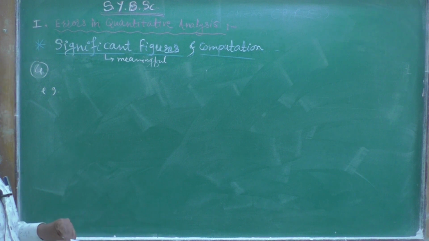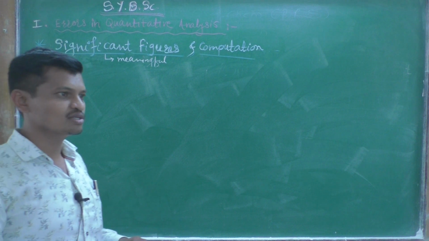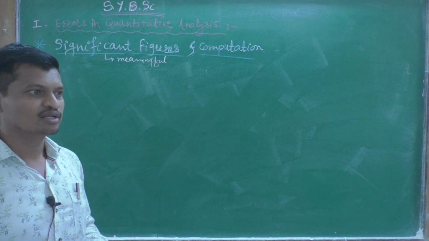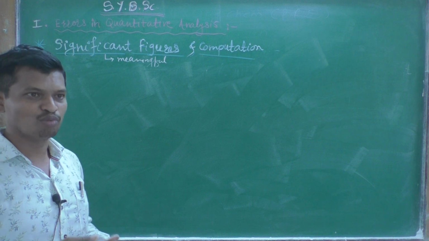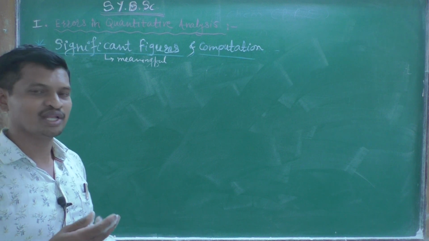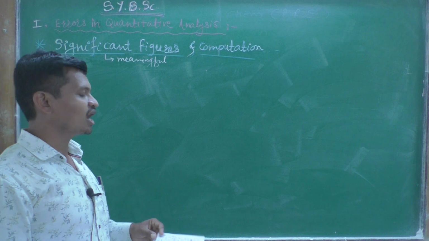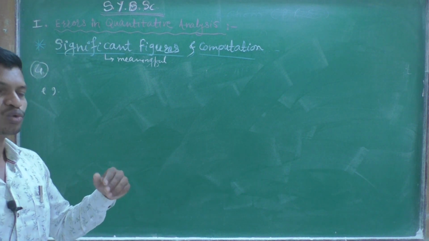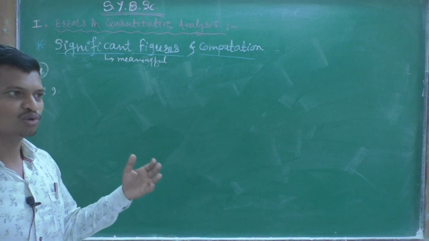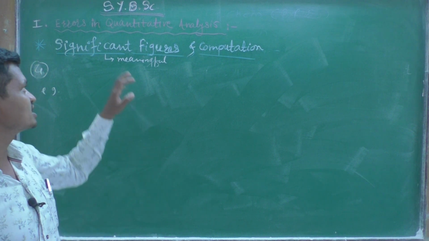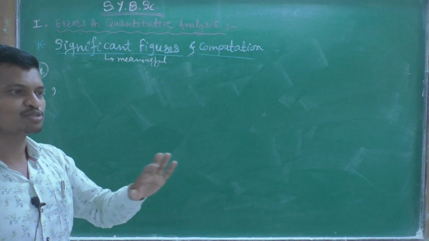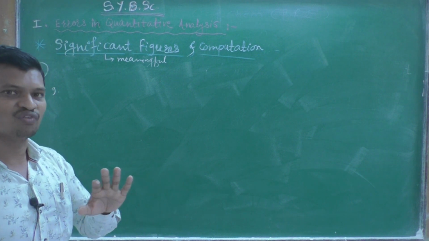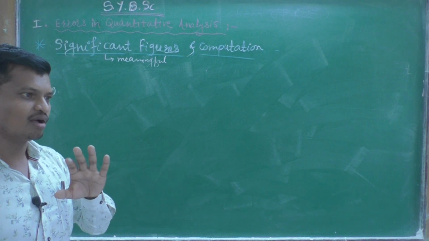Mind well, the content given in your book is so vast and so vague. So before reading that content in your books or reference books or any notes, kindly see this video 2 to 3 times to get the concept of significant figures and computation, because all the theoretical explanation given in your book is very vague and very lengthy.